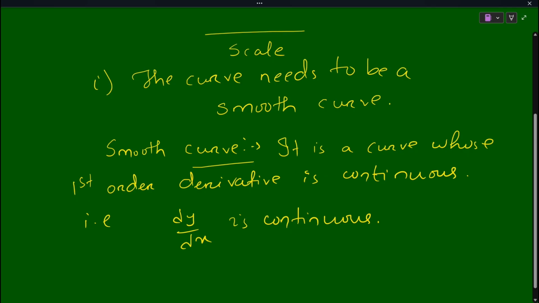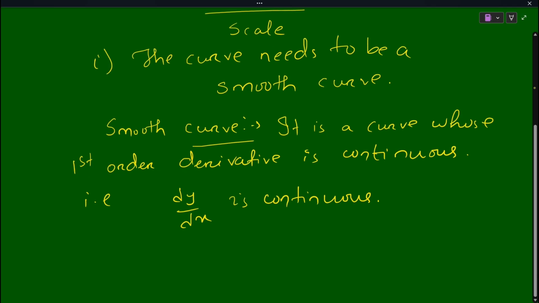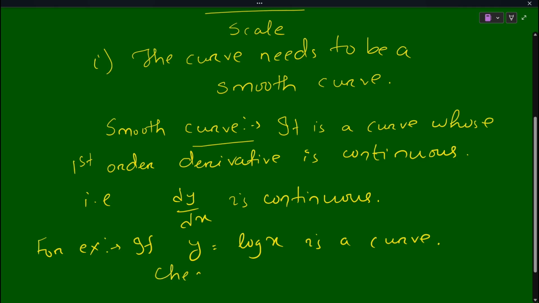Okay. So now we will see what a smooth curve is with an example. For example, if y equal to log x is a curve, we will check if it is a smooth curve or not.